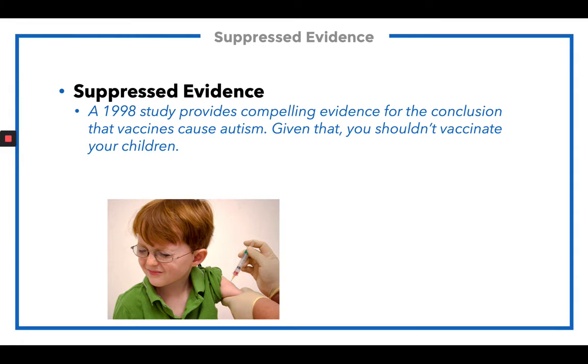What someone is suppressing here is the fact that that study was later retracted because it didn't live up to the appropriate method that you're looking for in a well-justified study. If you knew that there was that extra step, that retraction, but you didn't mention it, that would be suppressing evidence.